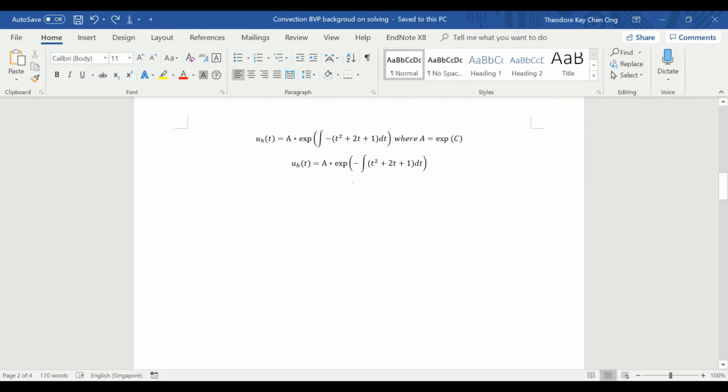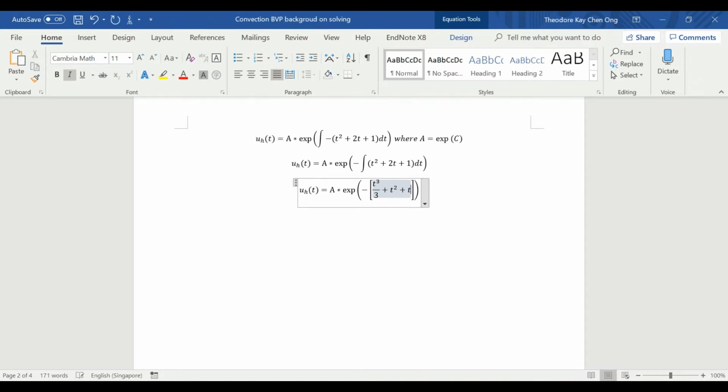So t squared will integrate into t cubed over 3. Next one, we'll have a 2t, then we integrate it into t squared. And 1 will integrate into t. And then of course there'll be another arbitrary constant, which I will just call k.